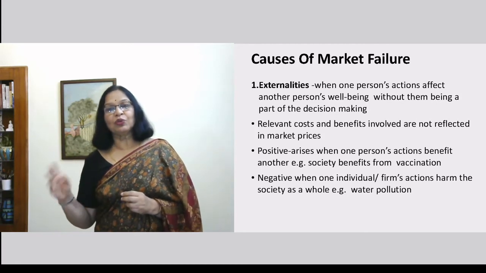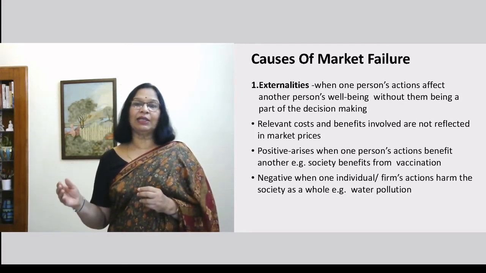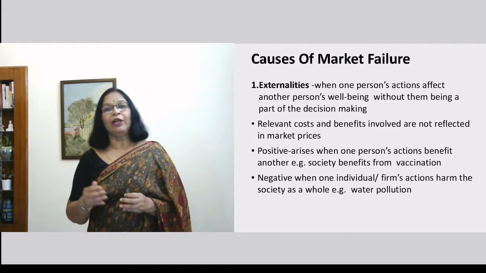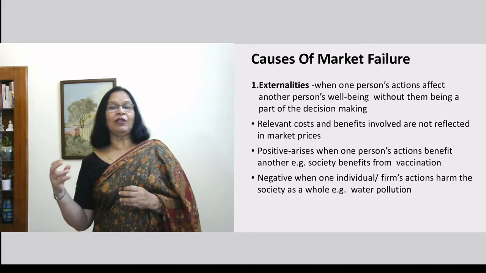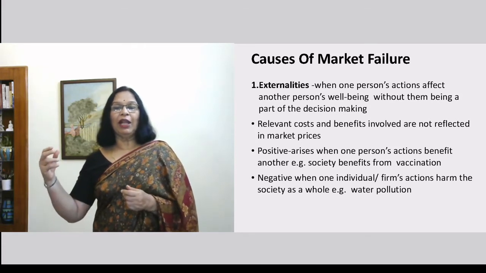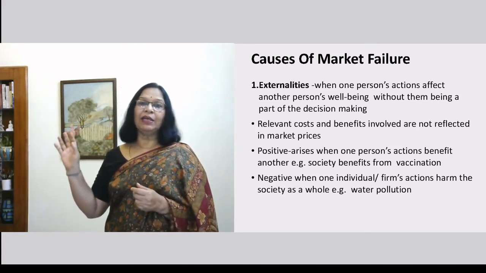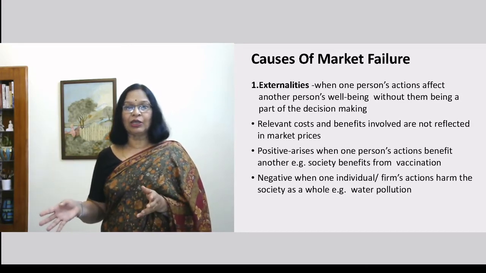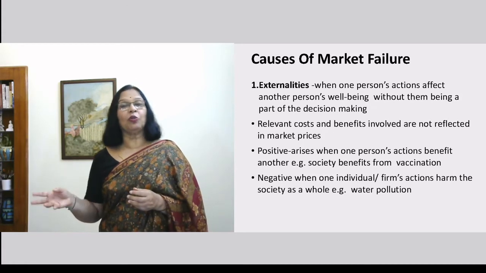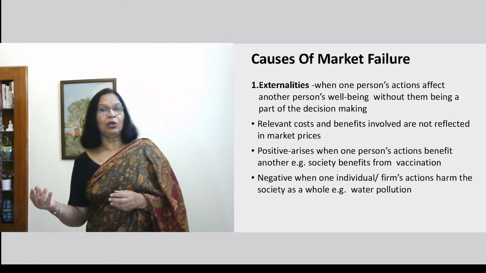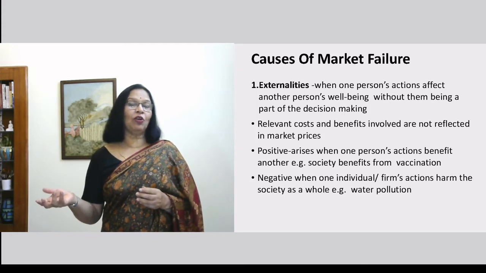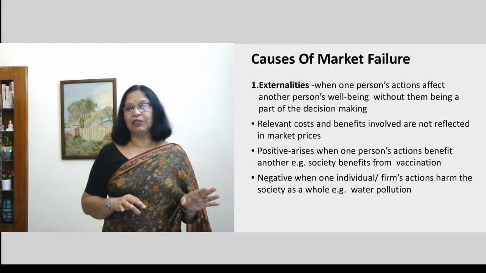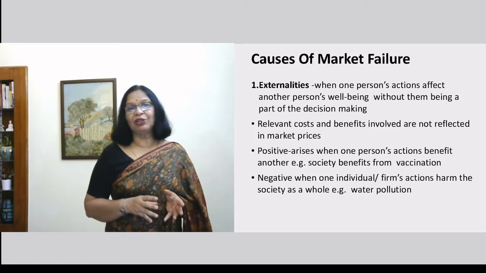To that extent, the transmission of the disease is stopped at his point. Now, if the transmission of the disease is stopped at his point, then A, B, C, and D are enjoying the benefit of less disease in the society, for which they do not pay any cost. They enjoy the benefit of less prevalence of the disease, but they don't have to pay for the cost that this person has incurred. It is the same when children go to school.